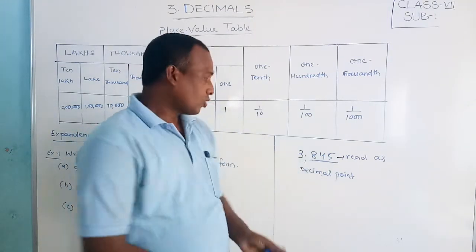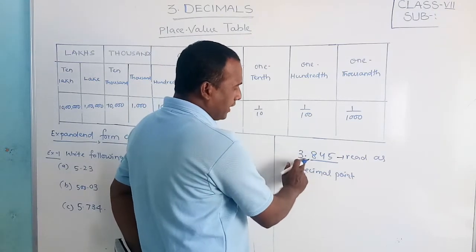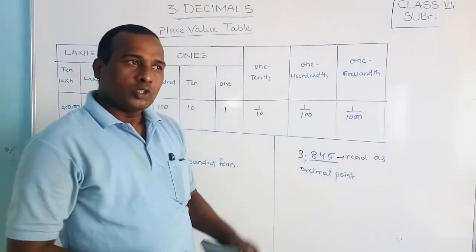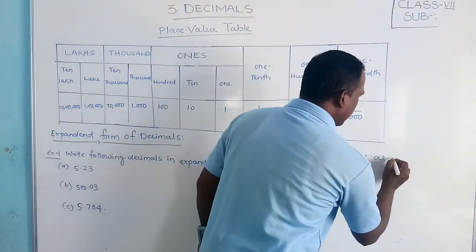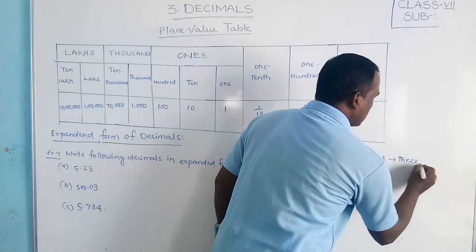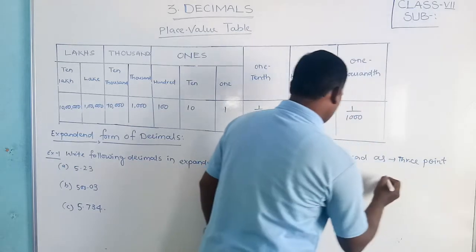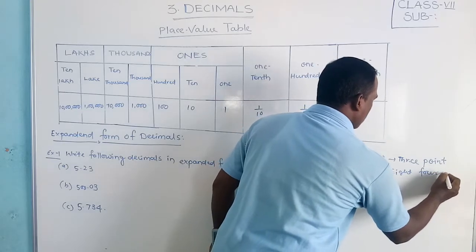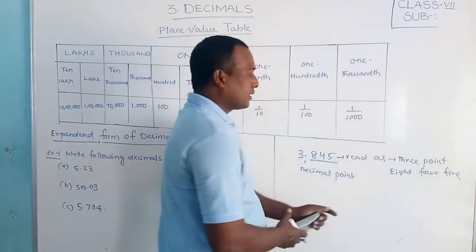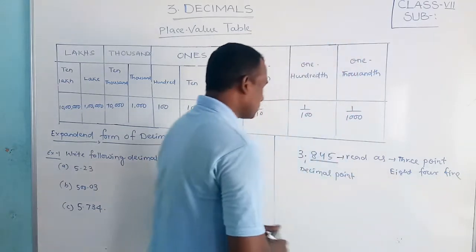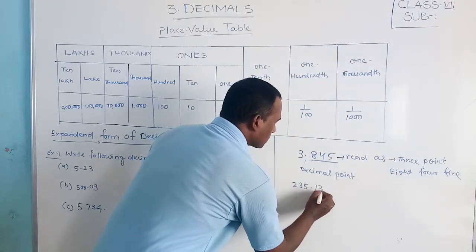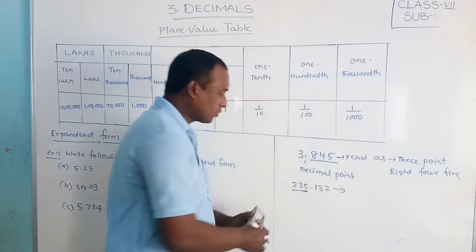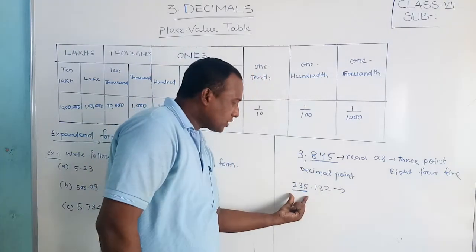So this you have to read as 3 point 8 4 5, not 3.845 together. This is called the whole number part, and this is called the decimal part. So this number you have to read as usual.